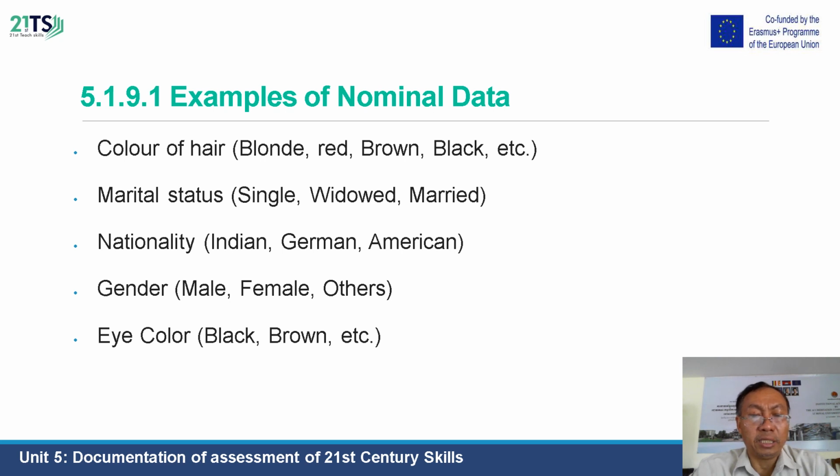Nationalities can be Indian, German, or American, gender can be male, female, or other, and eye color can be black, brown, etc. So this information could be in the category of nominal data.